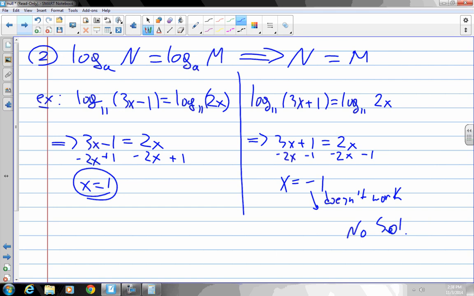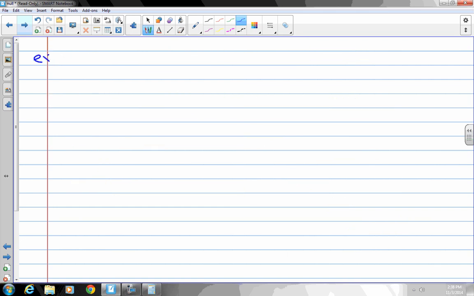If you have an equation that has multiple logarithms, log base 8 of x plus log base 8 of x plus 4 equals log base 8 of 12. It's not log equals log. It's not log equals a number, but I can make it into log equals log, right?